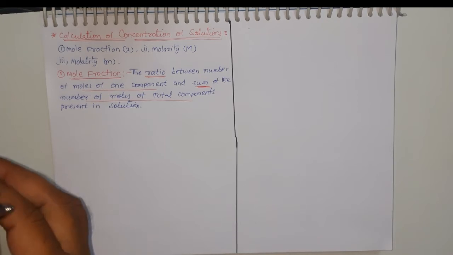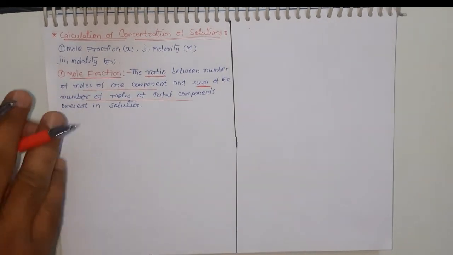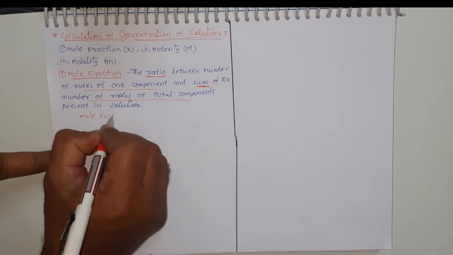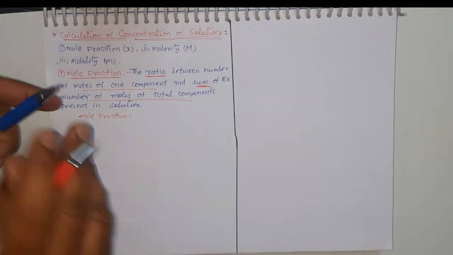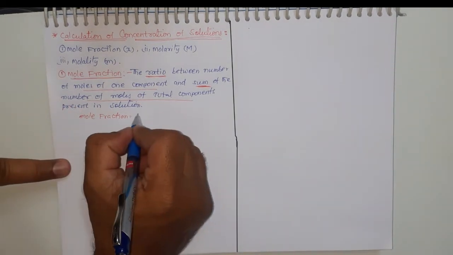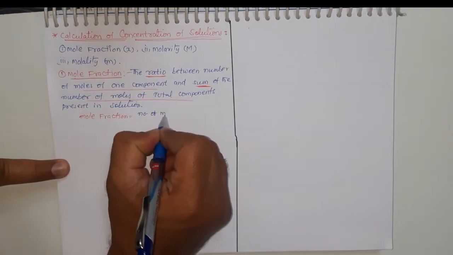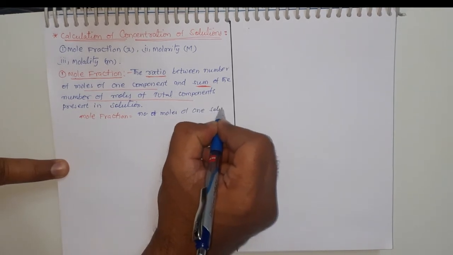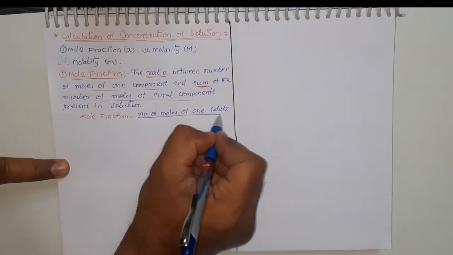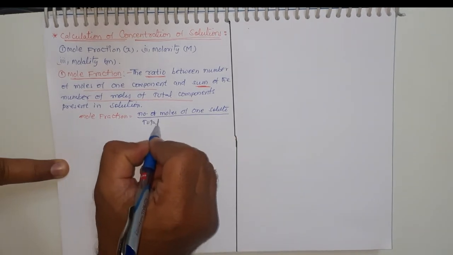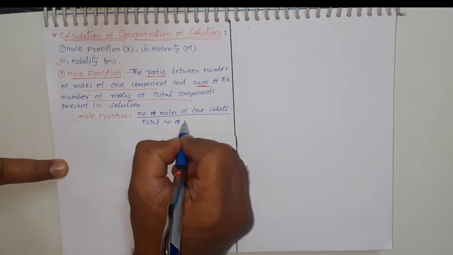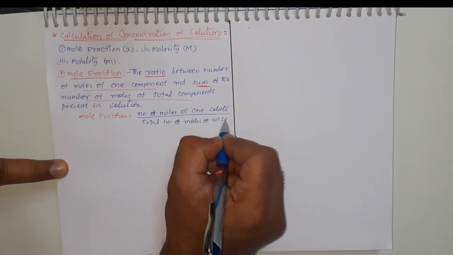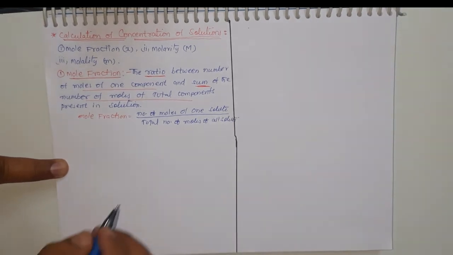Okay, we show mole fraction like that: number of moles of one solute by total number of moles of all solutes.